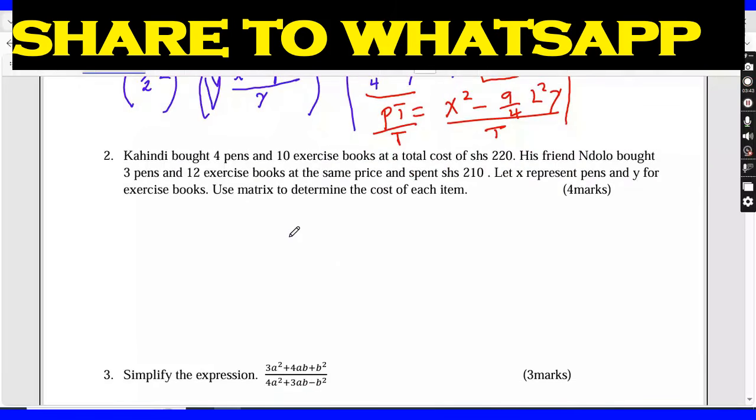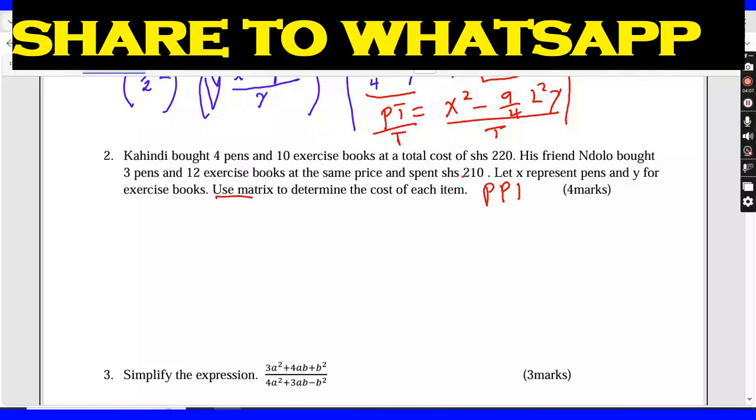The cost of 4 exercise books and 10 pens is 220 pence. The cost of 3 pence and 12 exercise books is 210 pence, at the same price. Let x represent pence and y exercise books. Use matrix to determine the cost. So use matrix, that is paper 1.